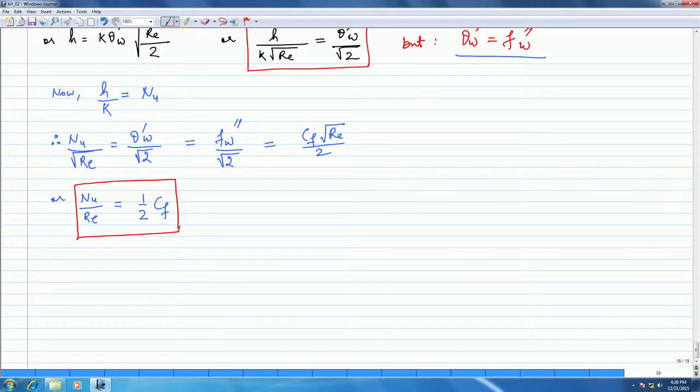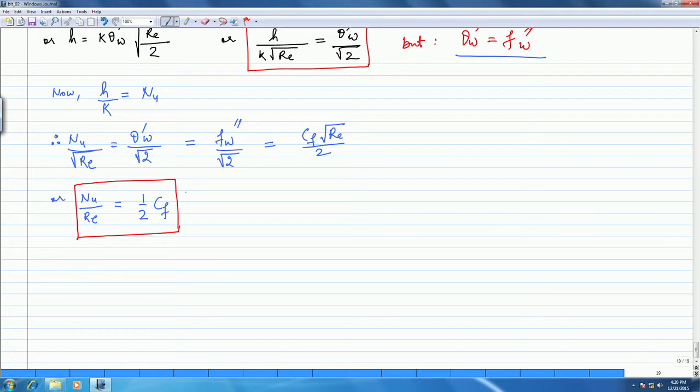You don't need to go and solve the energy equation separately. Just this information is sufficient, and of course it's easier to evaluate Cf and the Reynolds number. Now, this is a Reynolds analogy, but please remember that we were able to get all of this only for Prandtl number 1.